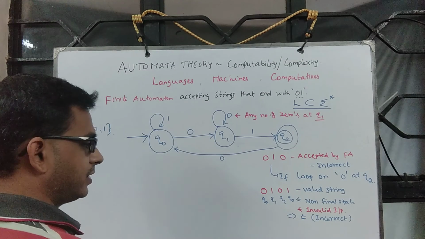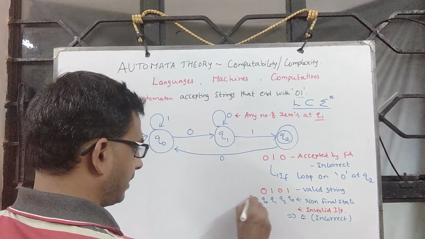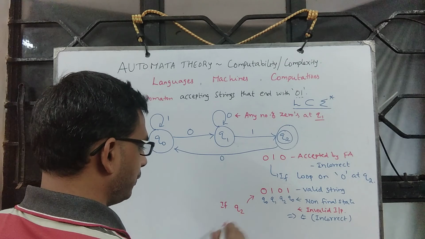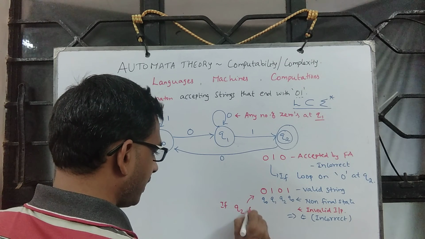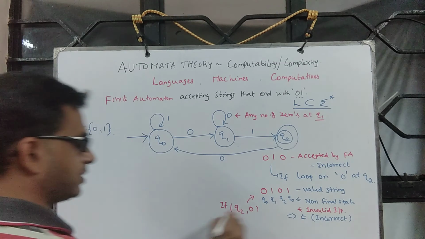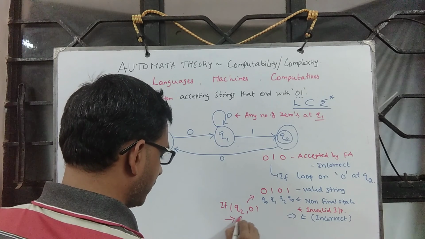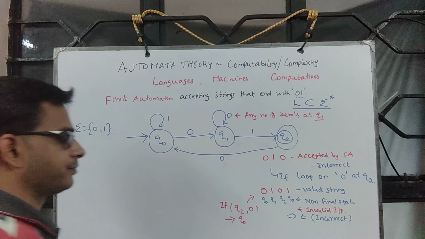So why does this happen? This happens if Q2, comma 0, which means when you are at Q2 reading a 0, you move to say Q0.